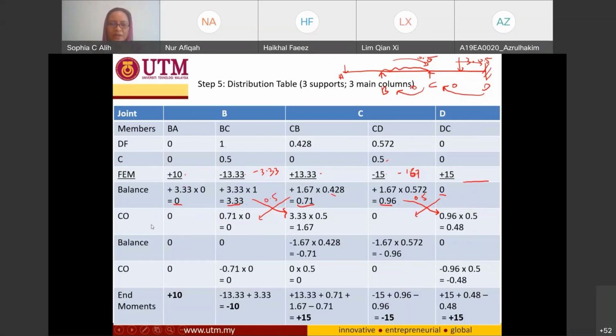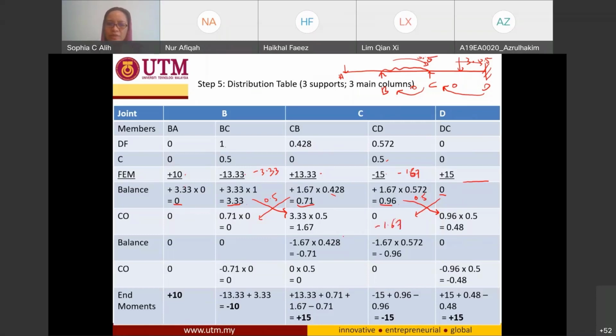Now, after I have carry over, right now I have a new moment over here. Okay, 1.67, and this one is 0.48. For this one, I don't have to balance it anymore because all is already 0. However, for joint C, since I have a positive 1.67, in order to balance this moment, I need to introduce a negative 1.67 moment.